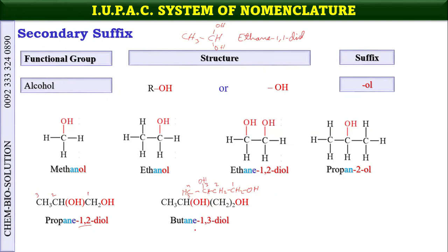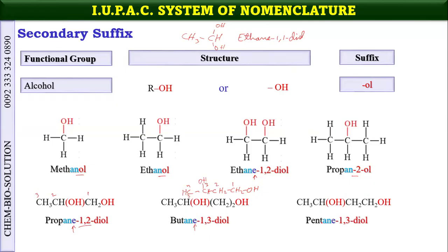And again, you can notice that here E is retained, but here E is dropped. The reason is that these are the prefixes which contain the consonant. And now this is 1, 2, 3. So this is again 1, 3, pentane-1,3-diol.